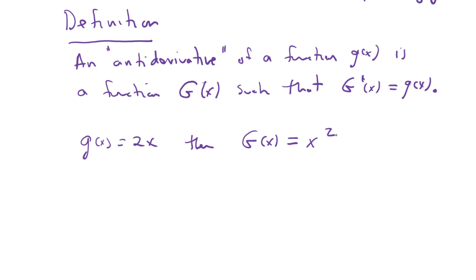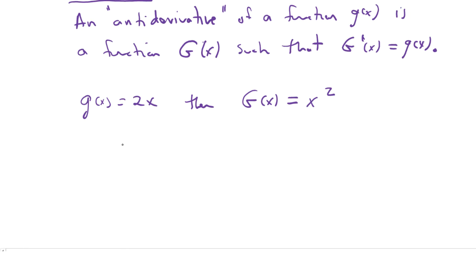To represent the entire family of antiderivatives, the parents, we write G of x plus c to represent the family of all antiderivatives of g of x. So in general terms, we will write the indefinite integral of lowercase g with respect to x is equal to capital G of x, one antiderivative from the family, plus a constant for the whole family.